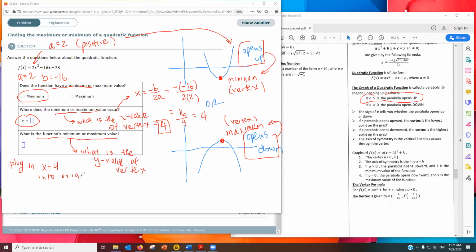So let's do that. So they're giving us y equals 2x squared minus 16x plus 28. But we want to plug in 4.